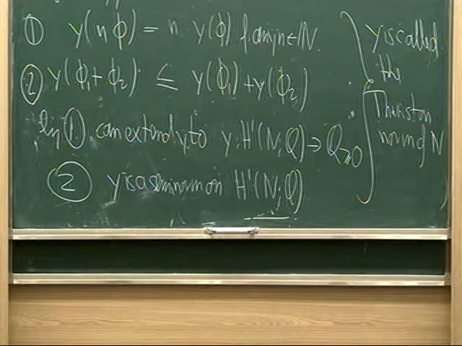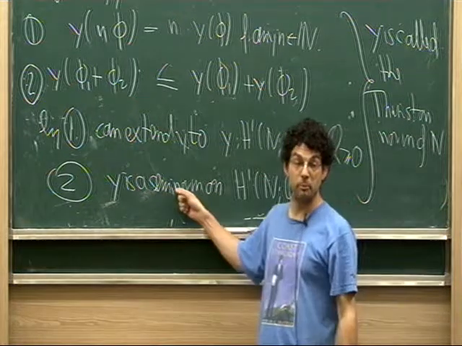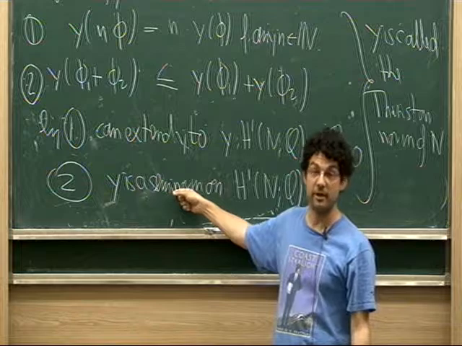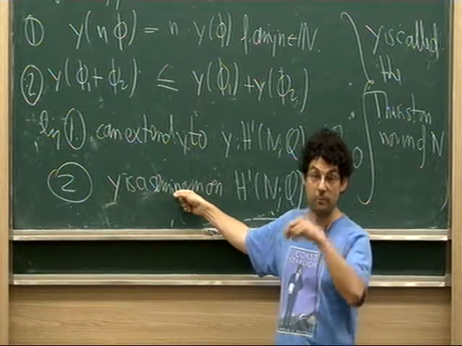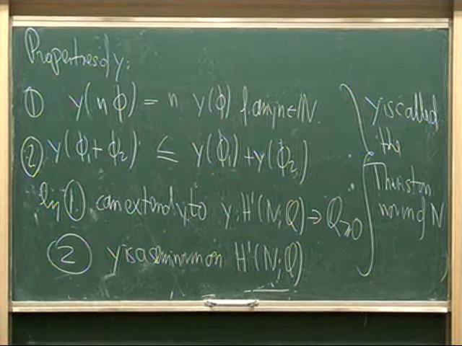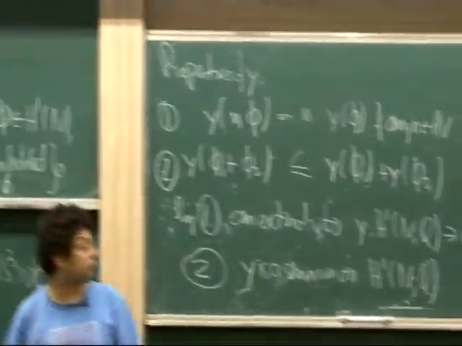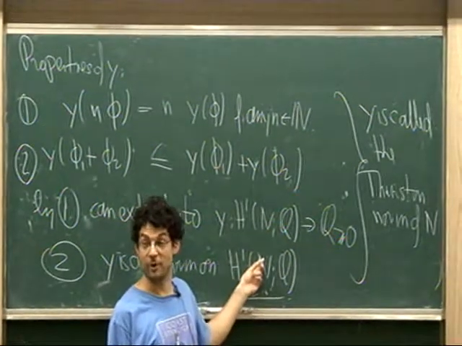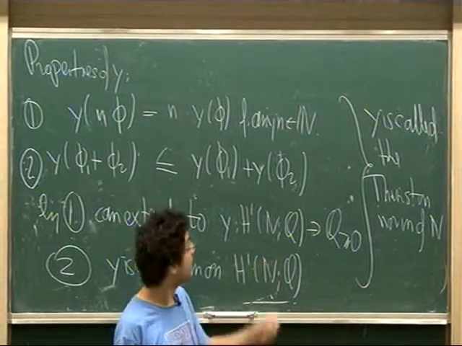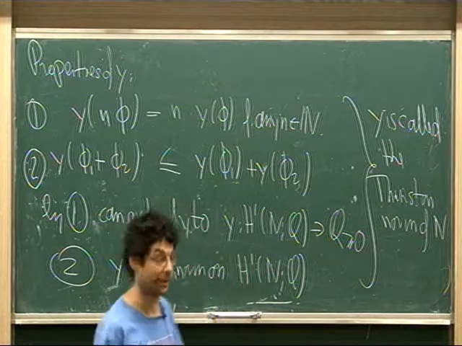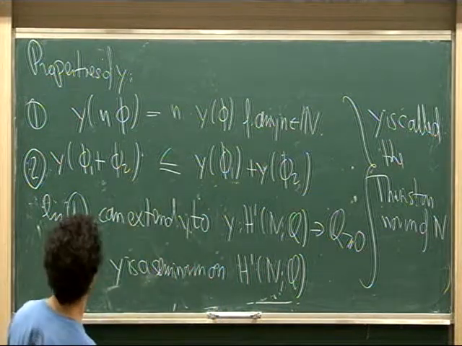It's really a semi-norm because it can be 0. For example, if you take a 3-torus, then any class will be represented by tori, and the complexity of tori is 0. But if n is a hyperbolic 3-manifold, there are no homologically essential tori, and then it actually turns out to be a norm. But okay, not something we should worry about too much.